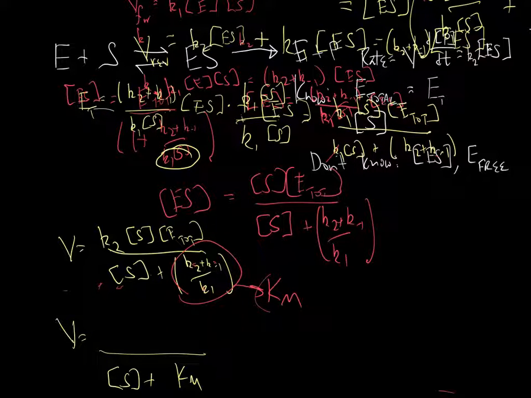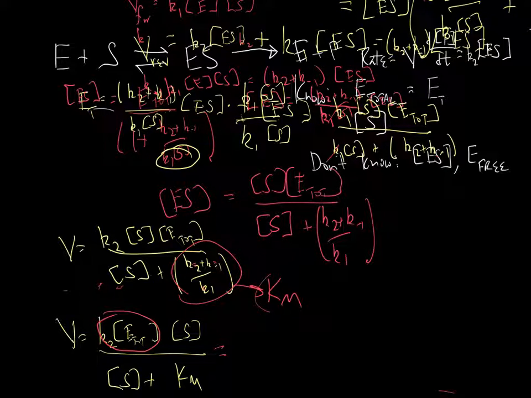On the top, I'm just going to rearrange it slightly to put k2 times E total right by each other, because 1 times 2 times 3 is the same thing as 1 times 3 times 2. Times S. This E total times k2, that's Vmax.